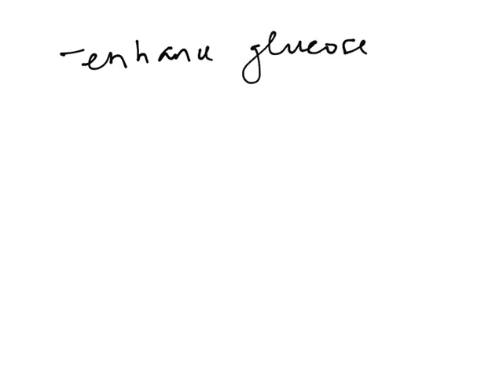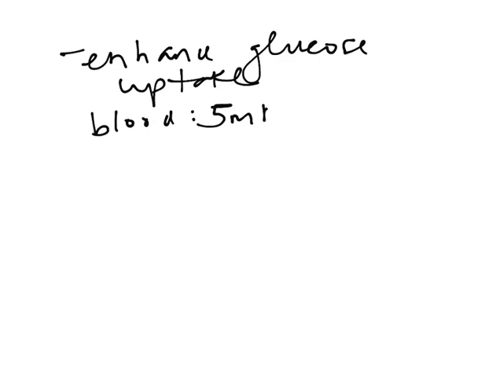Right? So we're going to be able to get more glucose uptake into cells. Glucose in the blood is about 5 millimolar. And when we talk about transport later on, it gets really difficult to bring in more glucose past that 5 millimolar point because you equalize the concentration of glucose outside and inside the cell.